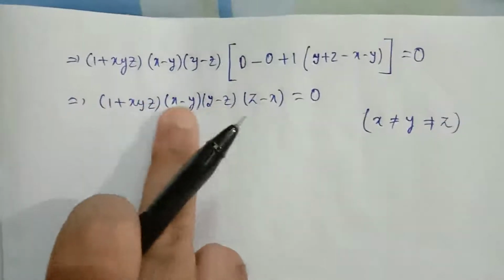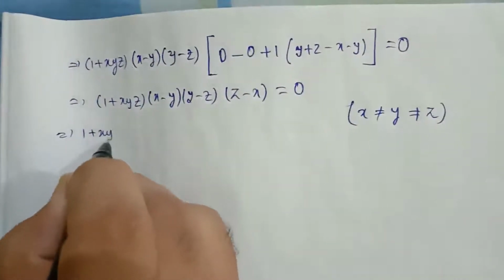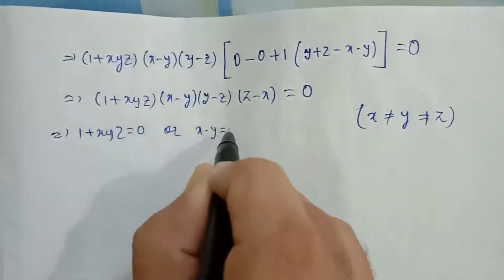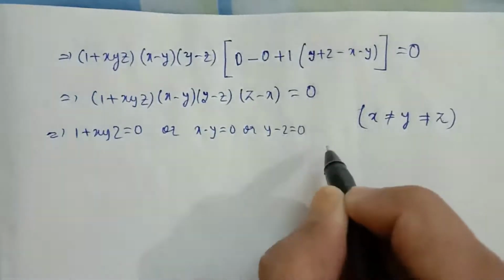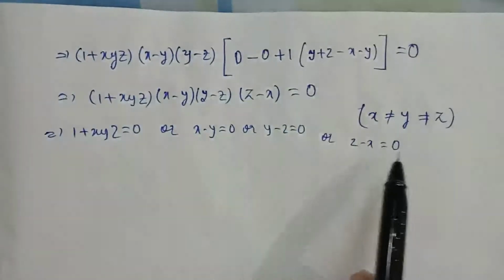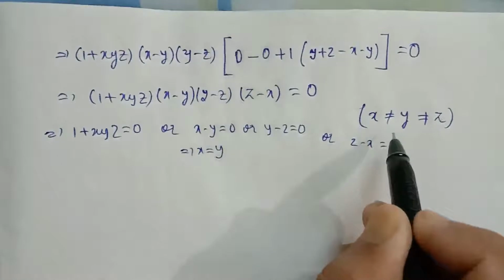As this into this into this into this equal to 0, so either 1 plus xyz equal to 0, or x minus y equal to 0, or y minus z equal to 0, or z minus x equal to 0. Now x minus y equal to 0 means x equal to y, which is not possible.